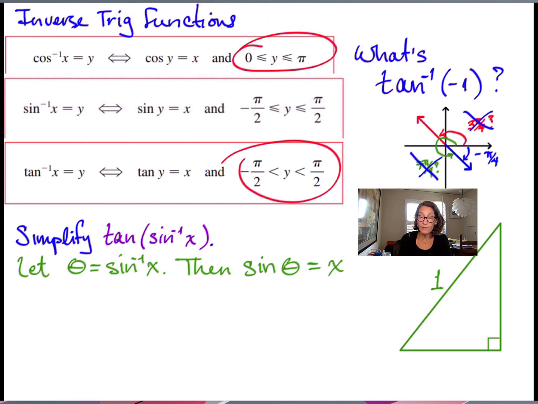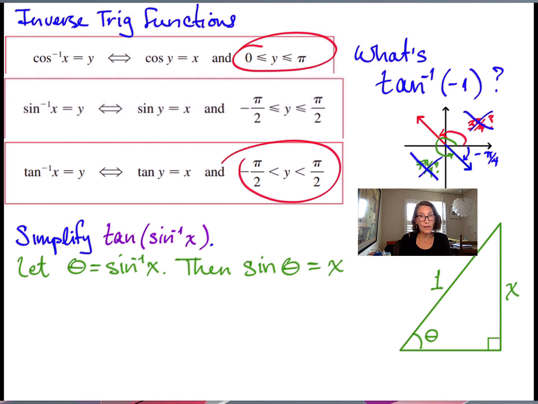It will make our lives easier. So I labeled my hypotenuse 1, and I'm labeling one of the acute angles theta. So now, since I know sine of theta is opposite over hypotenuse, I can label the opposite side x. So x over 1 is the sine of theta.